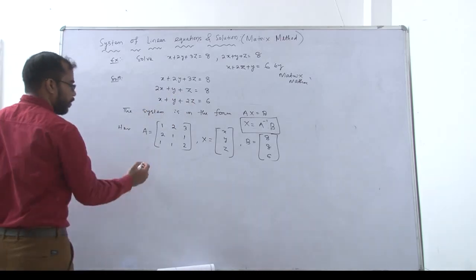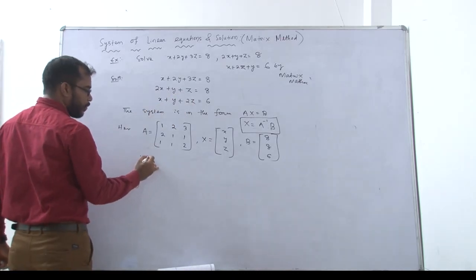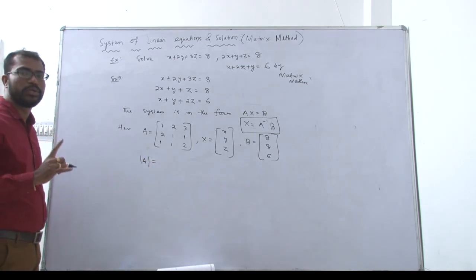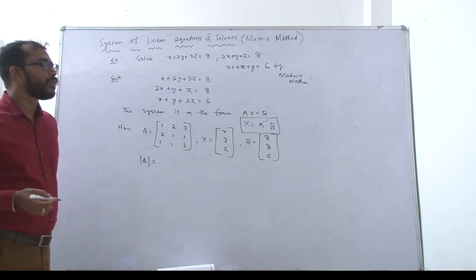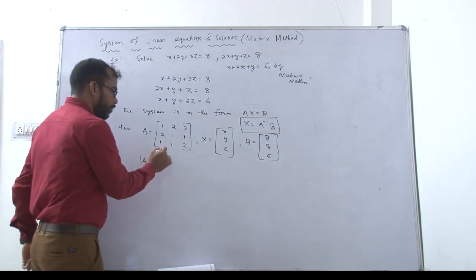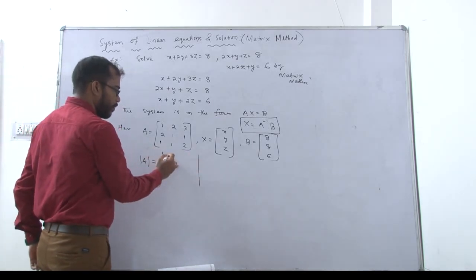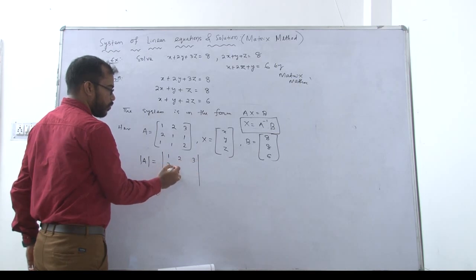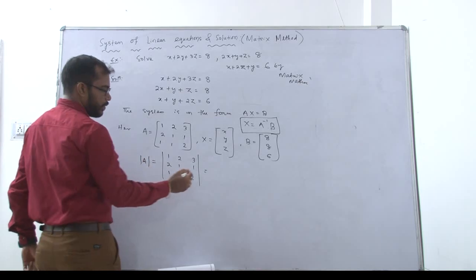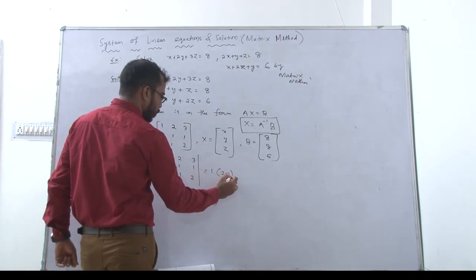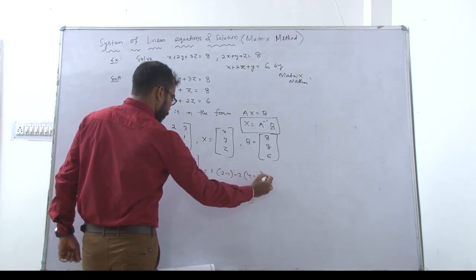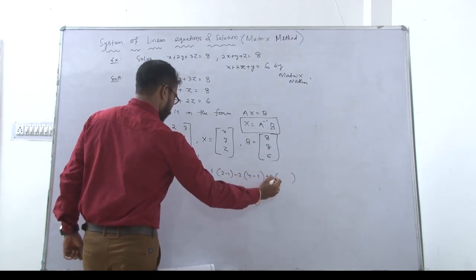First of all we have to evaluate the determinant of A. First we have to check whether the determinant of A is equal to 0 or not. If it is equal to 0, then we cannot determine the solution of the equations. So the determinant of A, we can write 1, 2, 3, 2, 1, 1, 1, 1, 2. If we evaluate, then we get 1 into (2 minus 1), minus 2 into (4 minus 1), plus 3 into (2 minus 1).